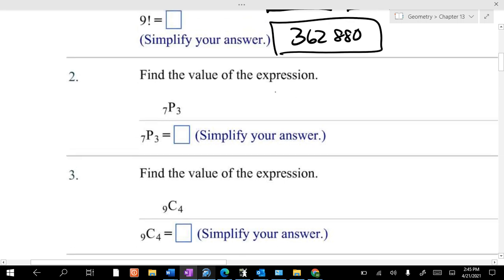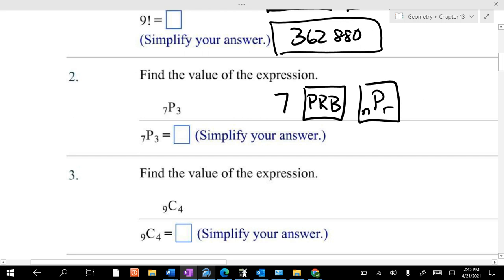So 7 permutation 3 would be 7. Hit the PRB button. Hit the NPR button, or whatever it is. I don't know how it's labeled in your calculator. Hit the 3 button and hit the equal button. 7 permutation 3. Let me do this in my head. It'd be 20 times 42, 840, right?